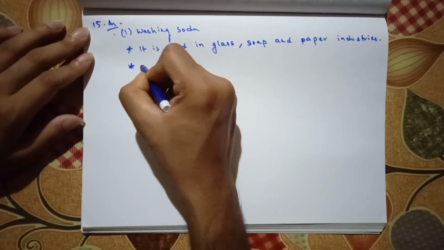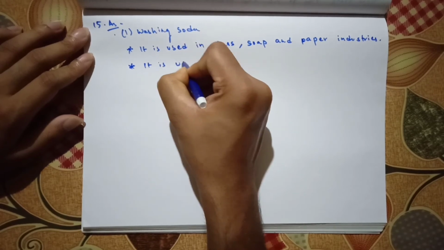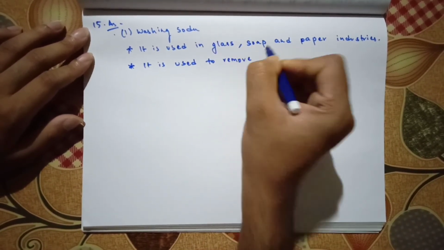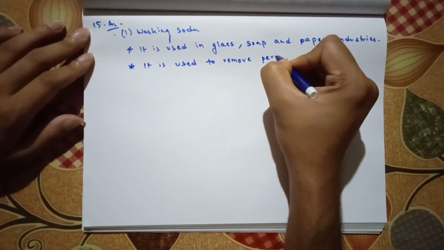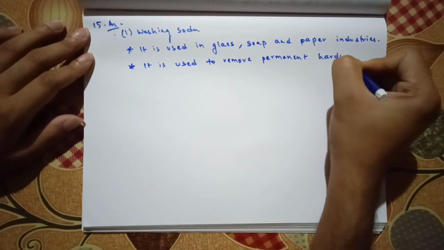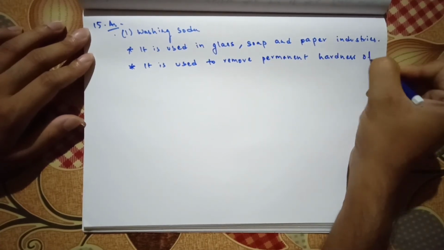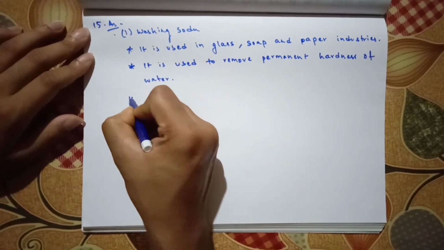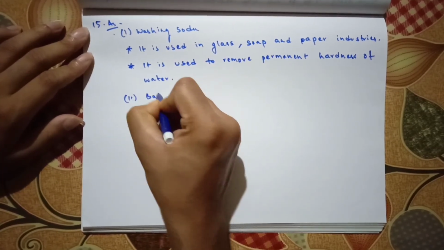Then it is used to remove permanent hardness of water. Then number two, which is baking soda.